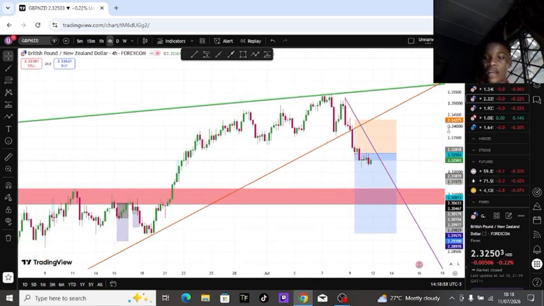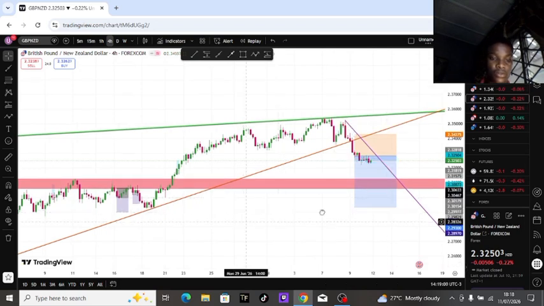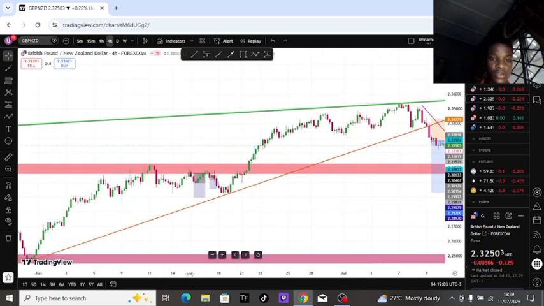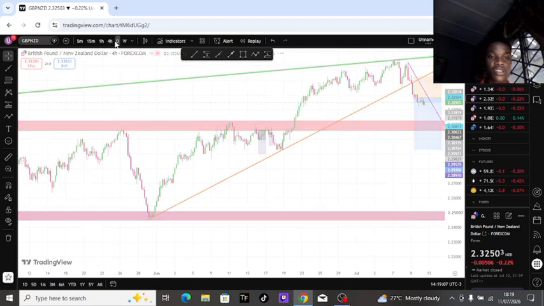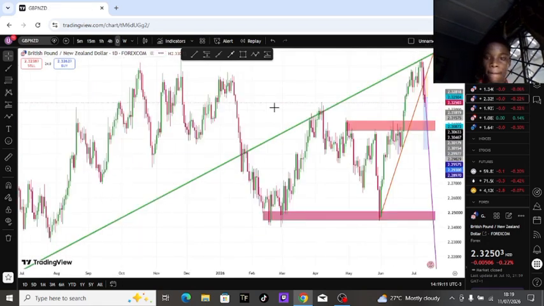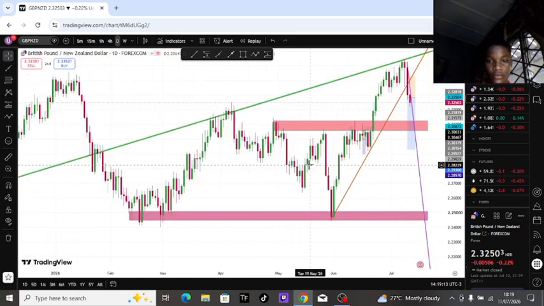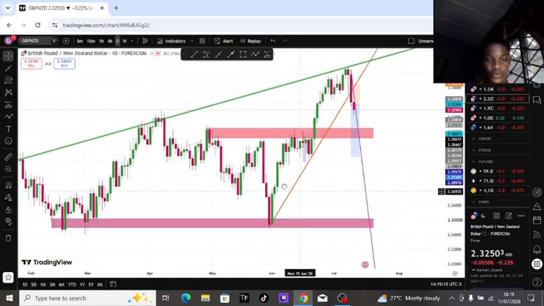So why I took this trade on Thursday was, look at what I saw. Okay, let me go to the daily time frame. Let's see more picture about this pair. Yeah, this is cool.